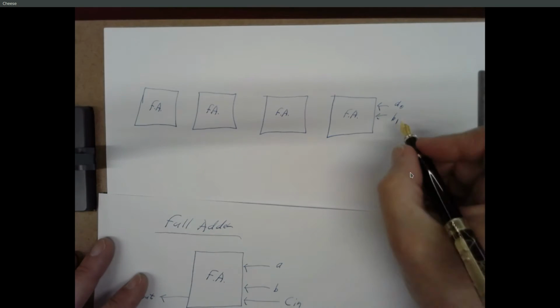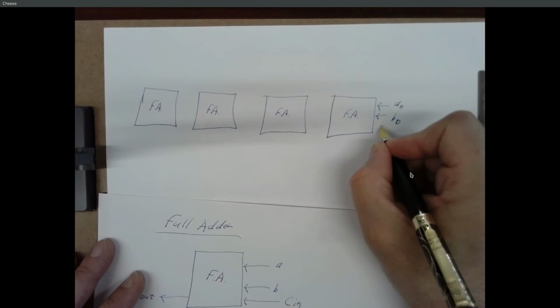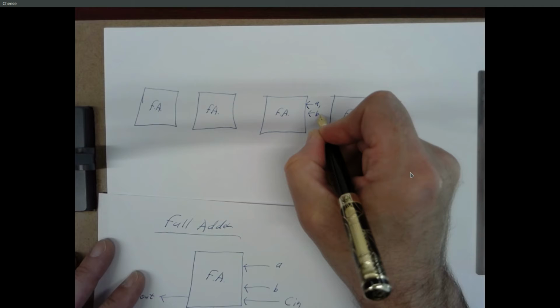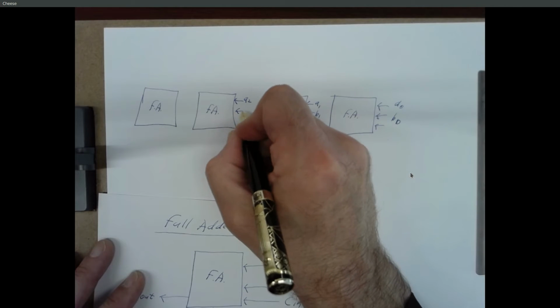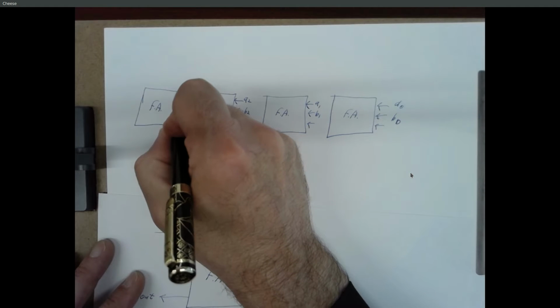And so I'm going to feed in 2 bits A0, B0 in the top of this adder. Going to feed in A1, B1, A2, B2, and A3, B3.